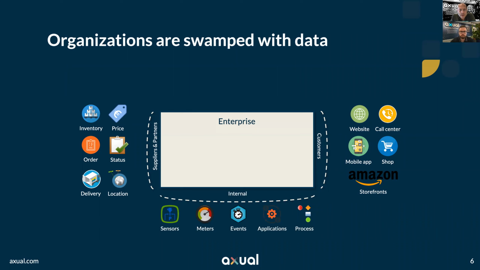The organization usually has a lot of internal data sources as well. If you have an asset-intensive industry like railroads or the energy sector, there's probably a lot of sensors and meters that give you readings all the time. You can have certain alerts being sent to you from your infrastructure, but maybe also from other systems that you're operating.